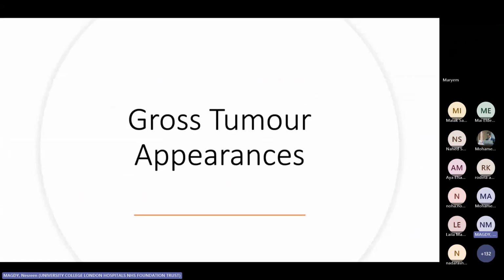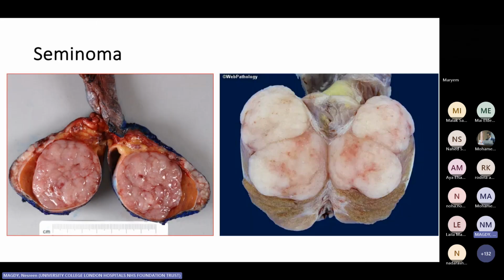In the following pictures, I'll show some of the gross appearances of the common tumors in testis. So for seminoma, they are typically solid, well circumscribed, lobulated, homogeneous, pale gray to cream colored.